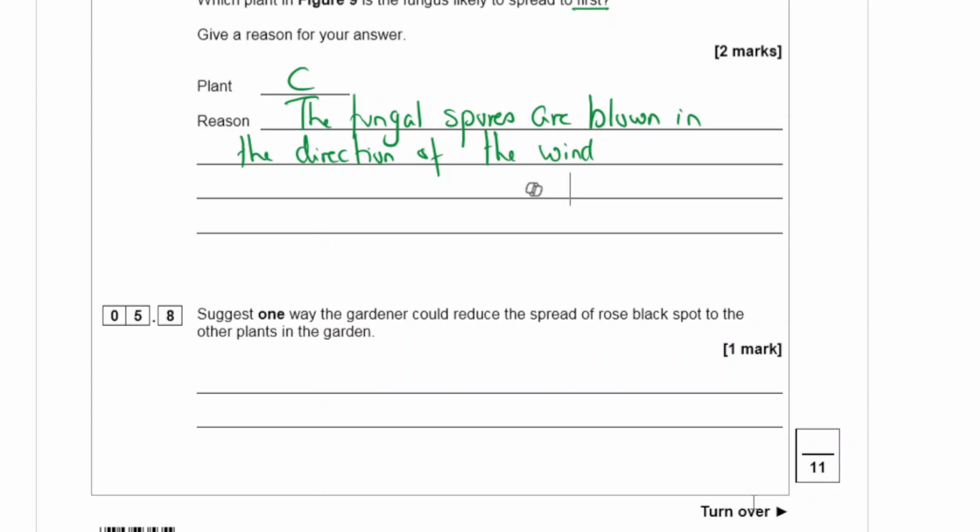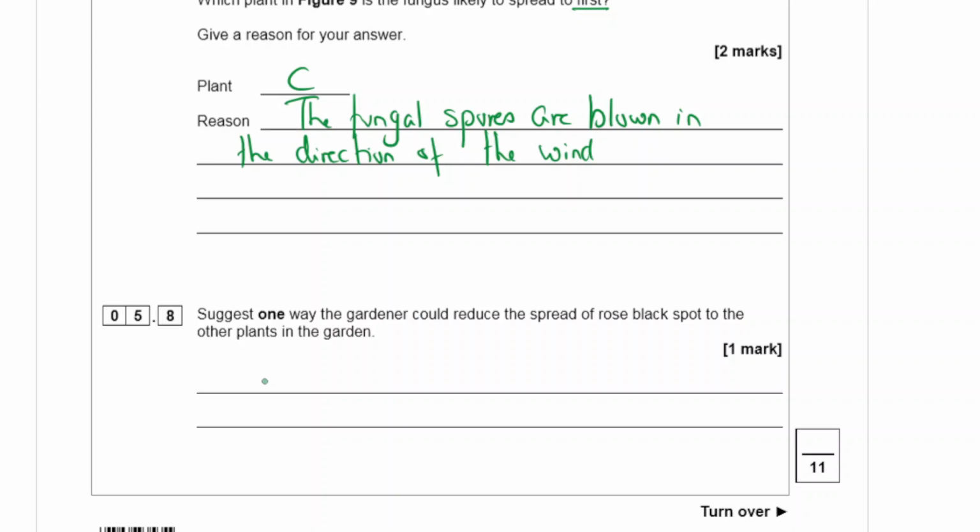Suggest one way the gardener could reduce the spread of rose black spot to the other plants in the garden. The best way is just to cut off the plant that has the fungal spores and burn it, so that it doesn't infect others.